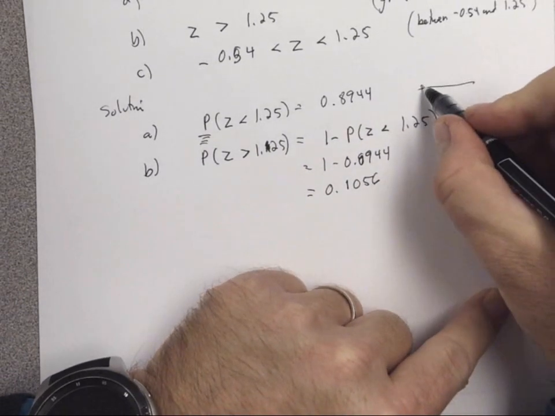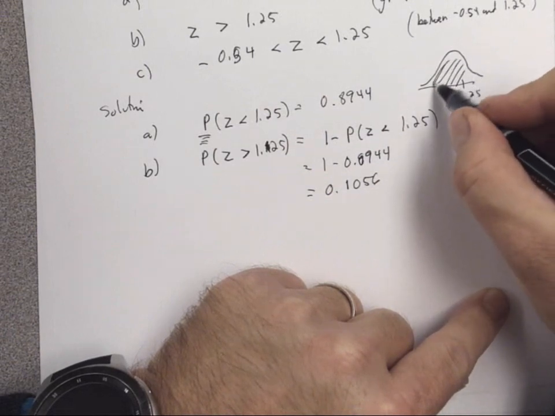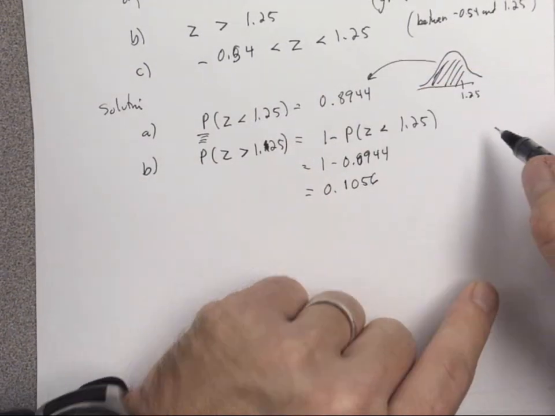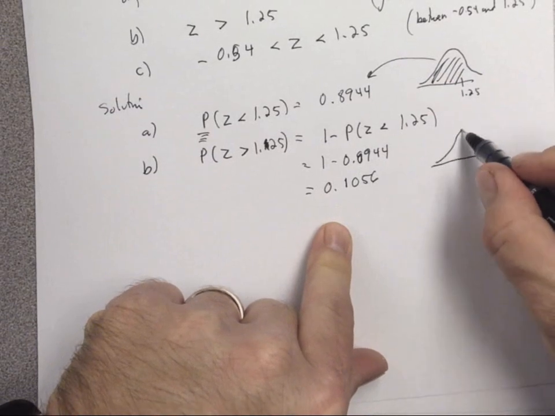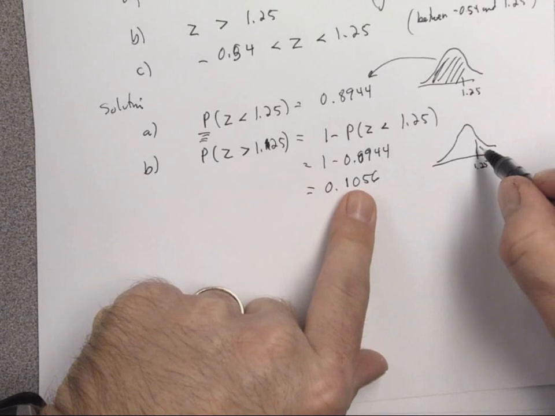How about between? Just to give us a little picture, this is 1.25, and the area to the left right there is this number, and this thing right here is area to the right. If you have that bell-shaped curve and this is 1.25, this represents that area.